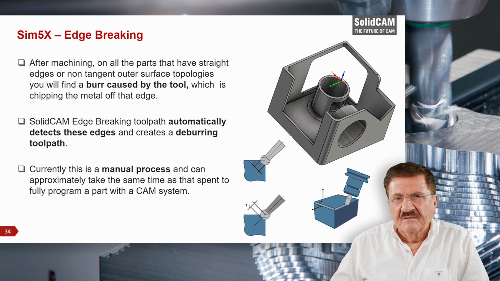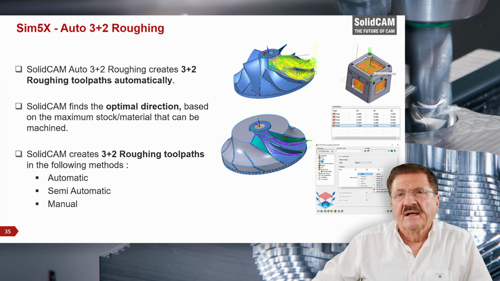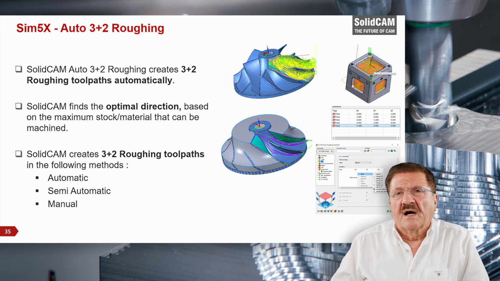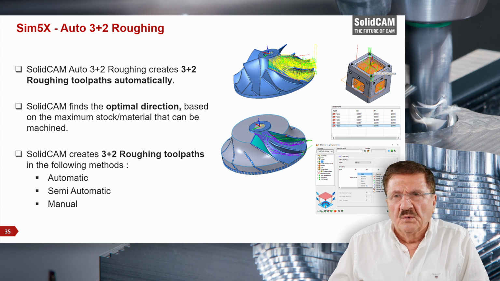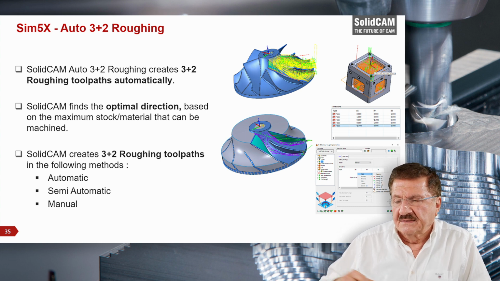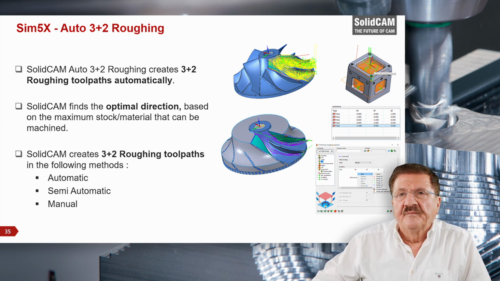This is a replacement for a manual process that can take a long time. Here it's done automatically with the edge breaking function. Also, we have a new function called Auto 3+2 roughing. It creates 3+2 roughing toolpaths automatically on all sides of the part.